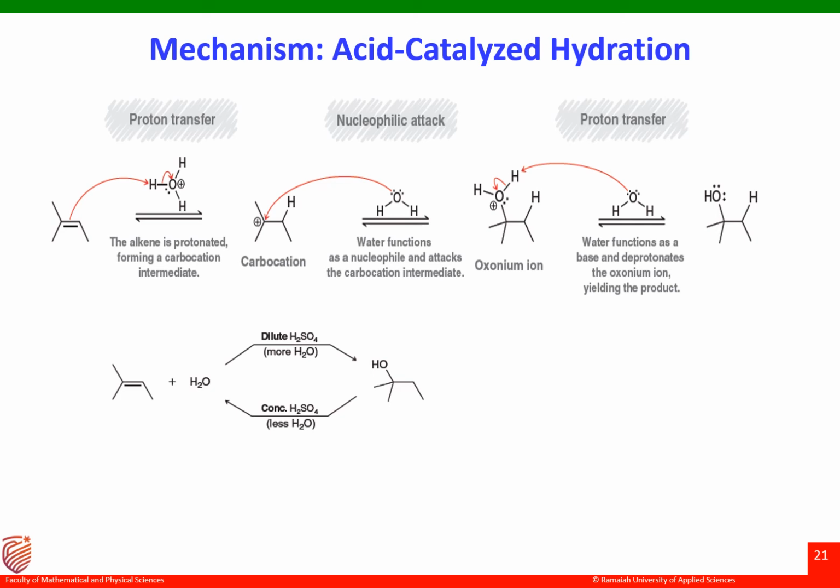The proposed mechanism is consistent with the experimental observation of Markovnikov addition, which we saw for hydrohalogenation, because there is a strong preference for the reaction to proceed via the more stable carbocation intermediate.